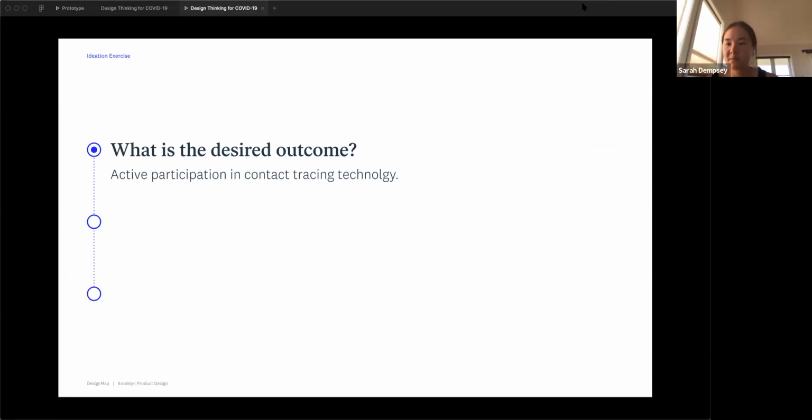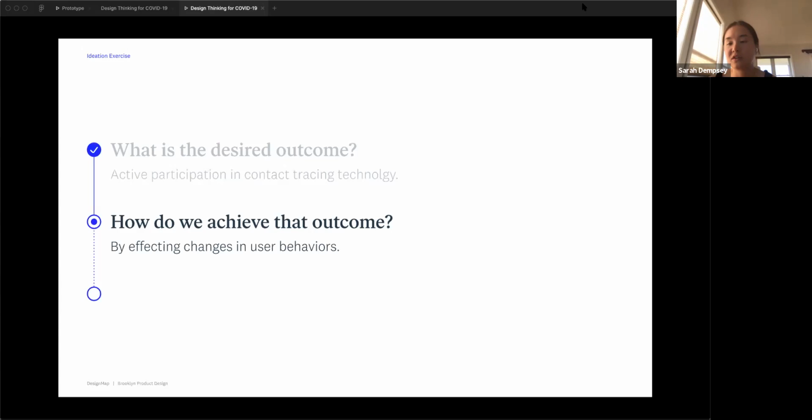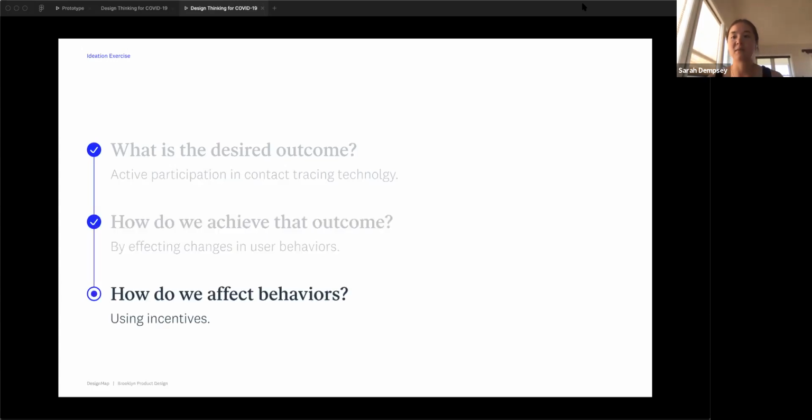And that is, we wanted people to actively participate in contact tracing apps. And in order to do that, we knew that we needed to design in a way that affected people's behaviors and caused them to change. And there's a lot of ways to do that, we believe, but for this report, we focused on incentives.